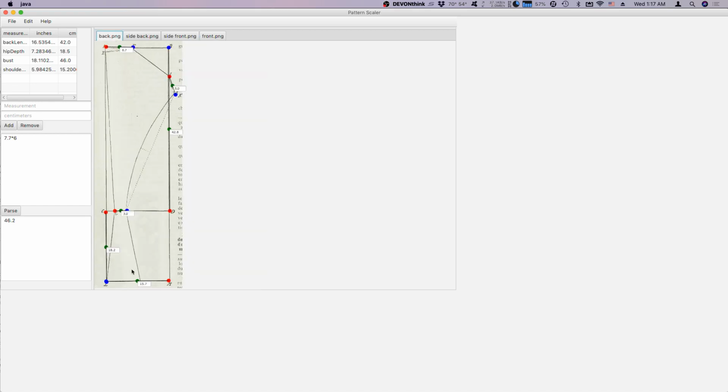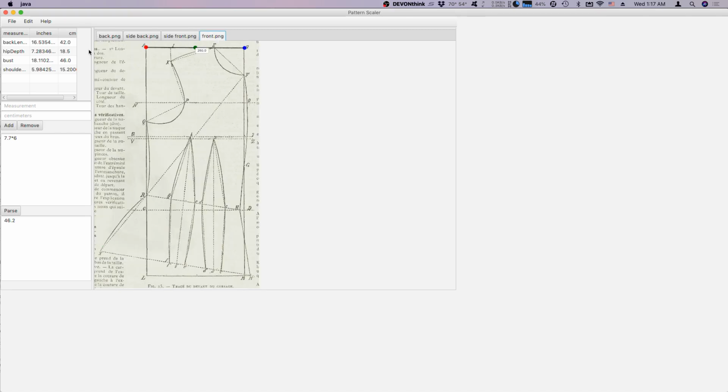However, referring back to 18.2 for the hip depth, we can transfer this measurement to here and type in this. I believe I put in a comma instead of a decimal point, so right, 26.4.